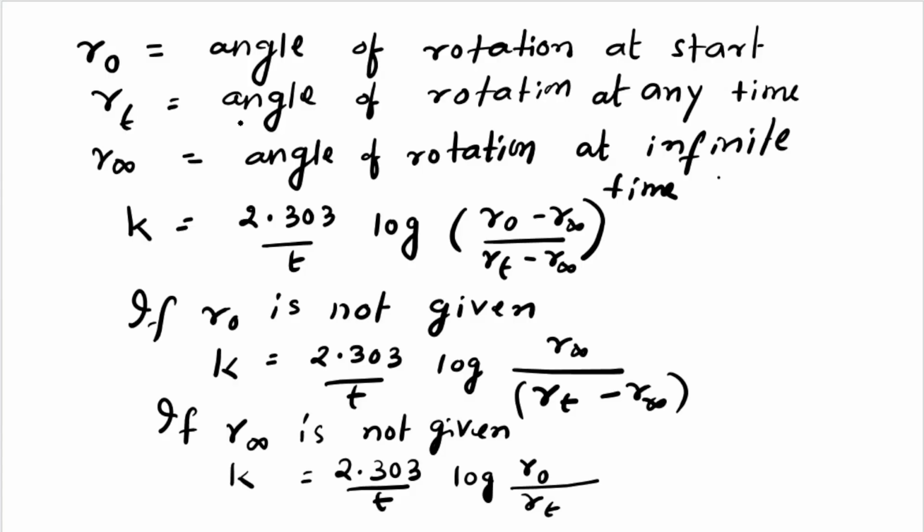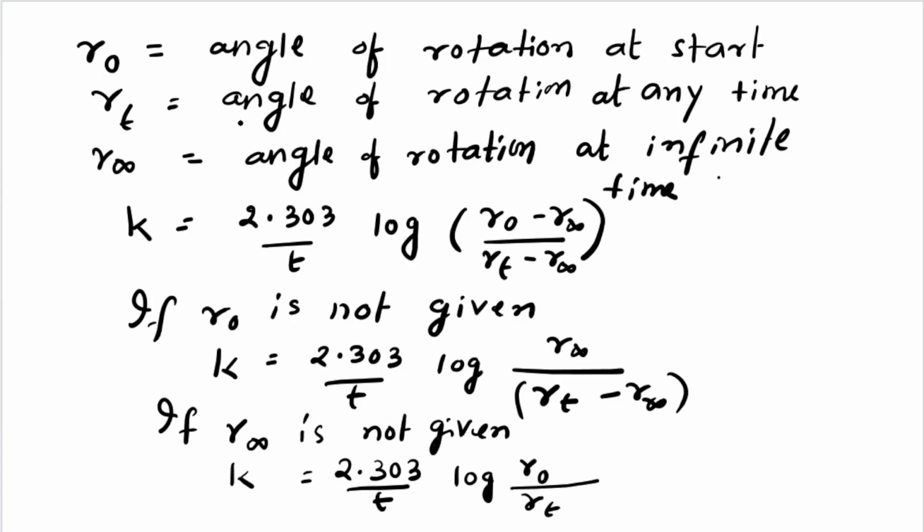Now I want to put a condition here. If R0 is not given in your problem, how does the formula change? R0 is not given, so it has no value.